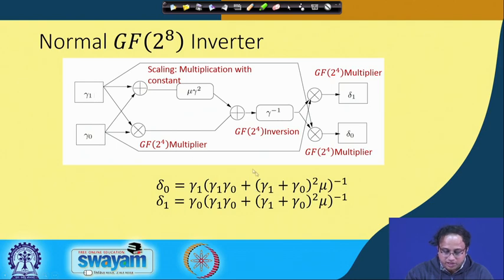So you see that what I have got is gamma 1 into gamma 0. This goes to my smaller inversion, which is my GF(2^4) inversion, denoted here, and the input to this is gamma 1 into gamma 0, done by this multiplier, and then I add it with gamma 1 plus gamma 0 whole square into mu.